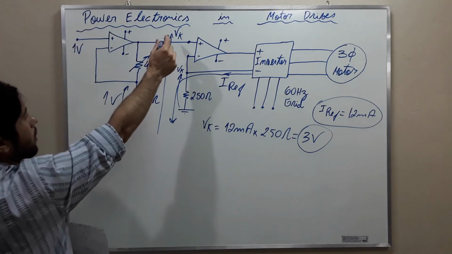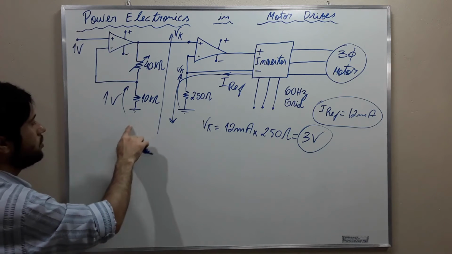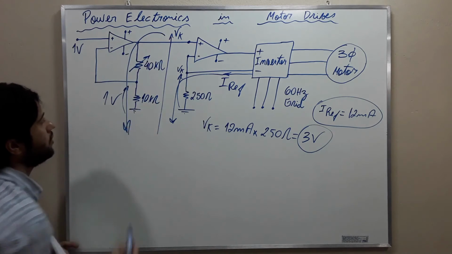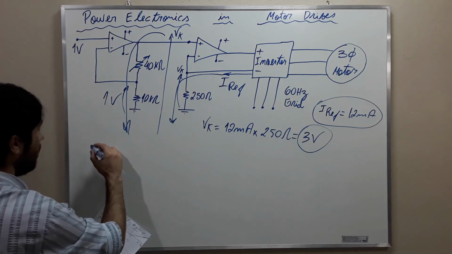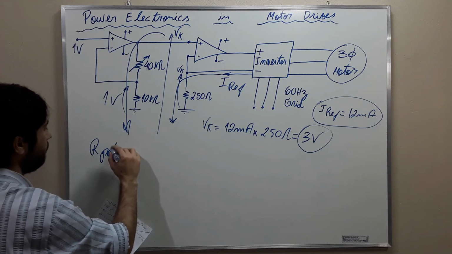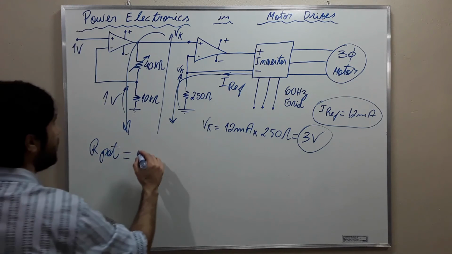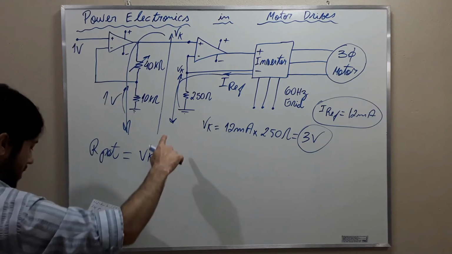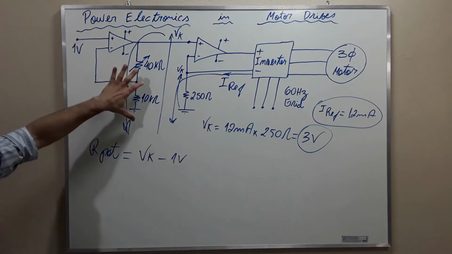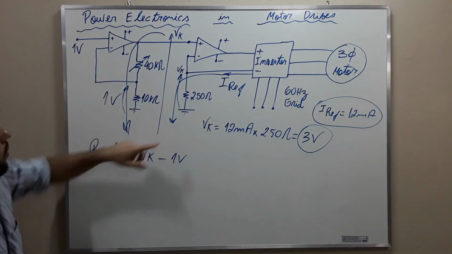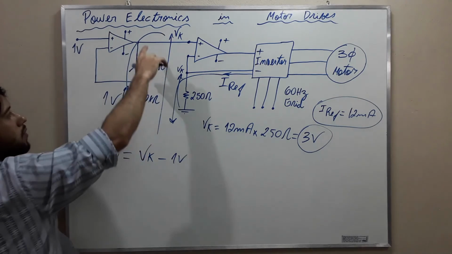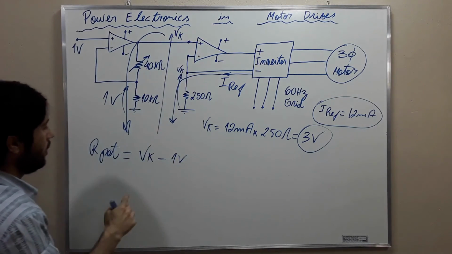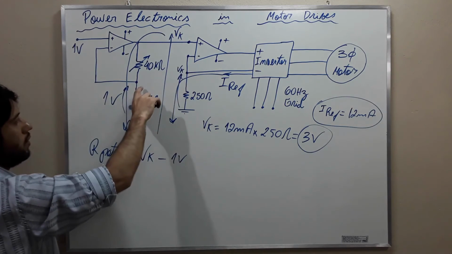So, if here is 3 volts and here 1 volt, then if there is any current passing in this element, we can say that the resistance of the potentiometer is going to be equal to Vk minus 1 volt. Vk is all this, and 1 volt is only here. Then we have this plus this equal this, okay? Do you understand? This plus this is equal to all this.